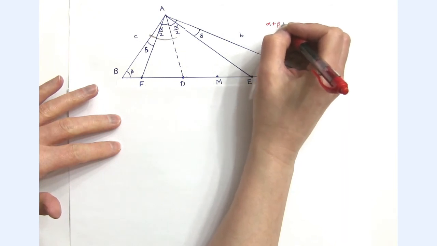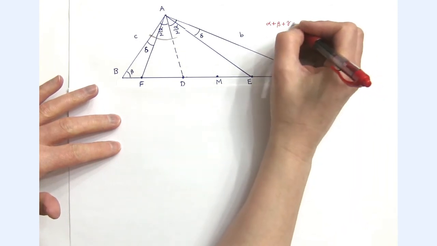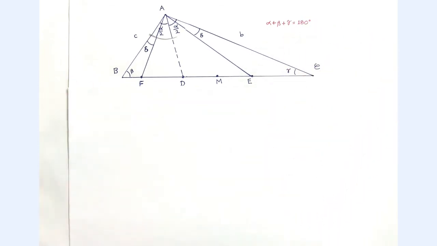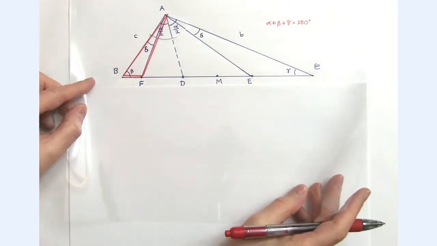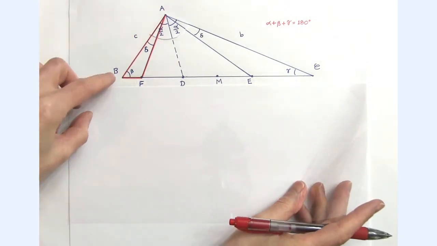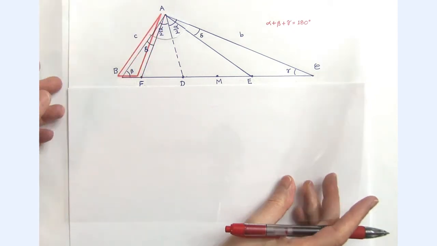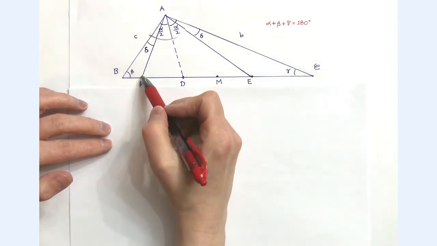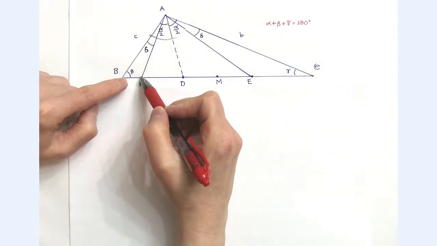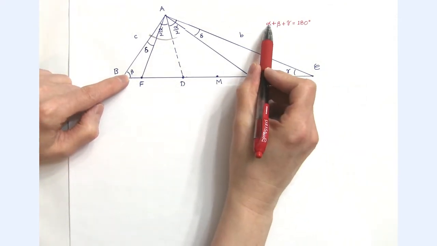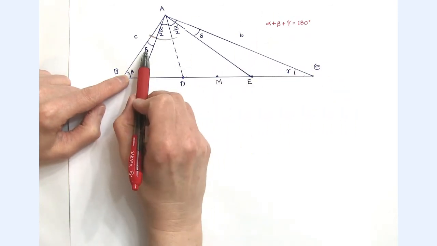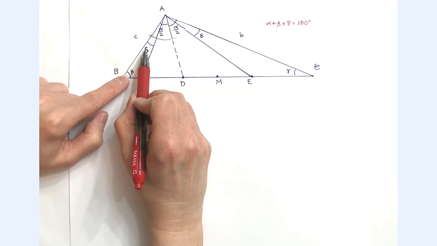Alpha plus beta plus gamma equals 180 degrees. Then looking at the angles in this triangle, I know that those have to add up to 180. I have beta here, so I need alpha and gamma, and then I need to subtract delta to make that work.